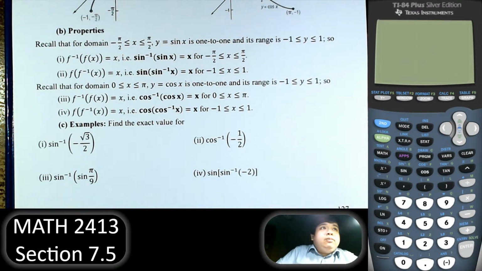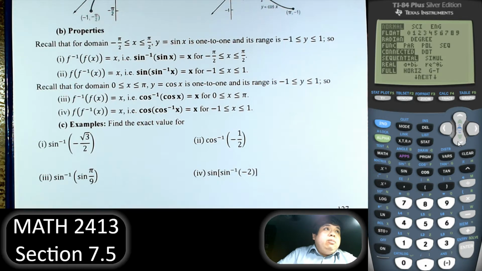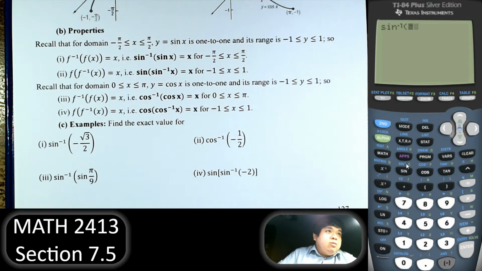If we need to do the sine inverse, I just use a calculator. If you use the inverse on the calculator, make sure it is in degree mode. Then we can say sine inverse of negative square root of 3 divided by 2 is negative 60 degrees.